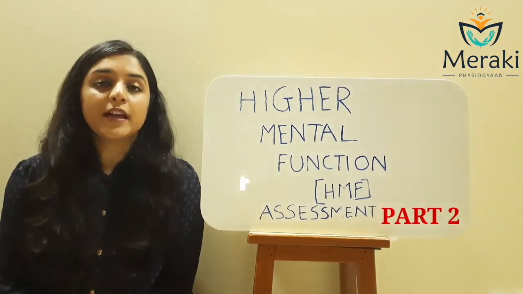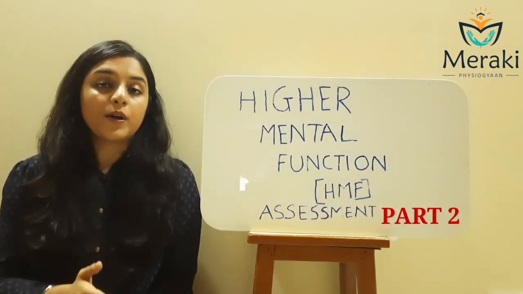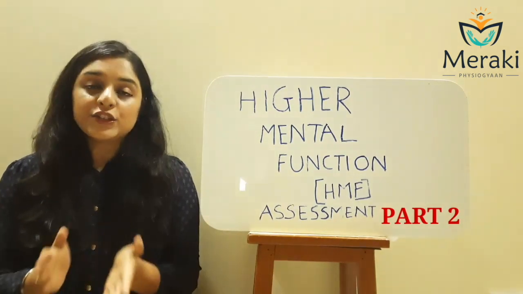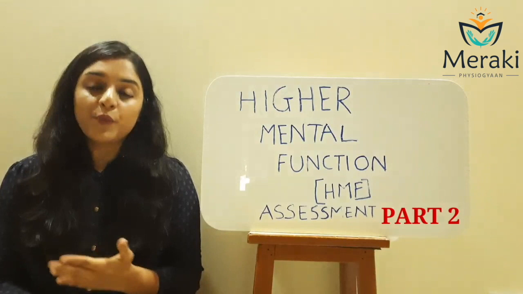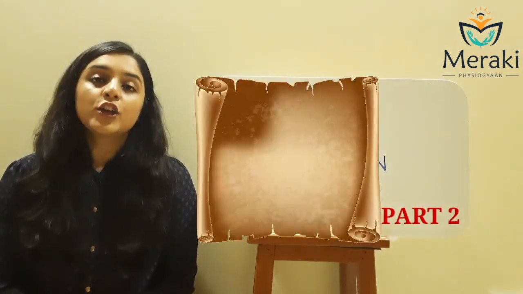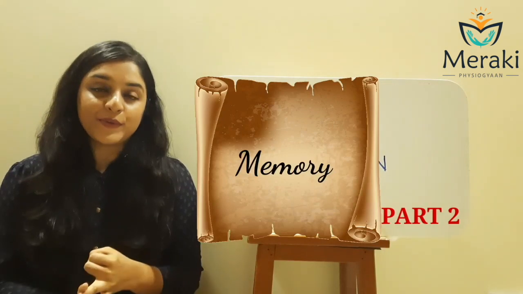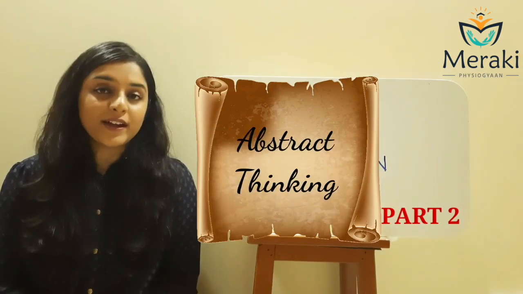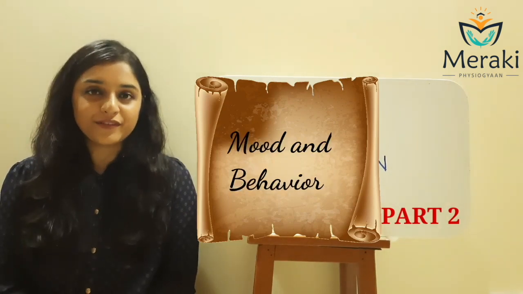In orientation, we understood how a person is oriented to time, place, and person. In today's video, we will understand some more components of the HMF, namely attention, memory, calculation, insight and judgment, abstract thinking, mood and behavior.